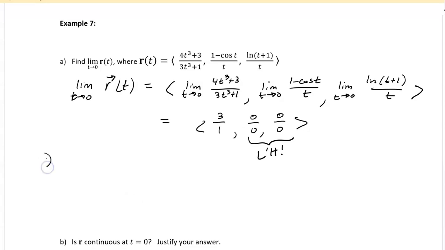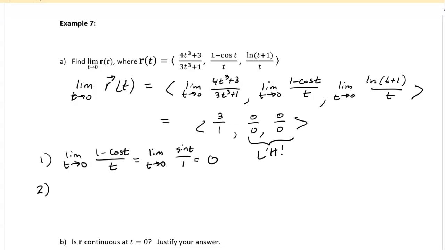So let's look at this. What is the limit as t goes to 0 of 1 minus cosine t over t? Because we get the indeterminate form 0 over 0, we're going to take the derivative of the top and bottom. We're going to do the limit as t goes to 0 of sine of t over 1, which is 0. Do you notice that I'm writing my limit notation correctly? If you don't, I'm going to take away points.